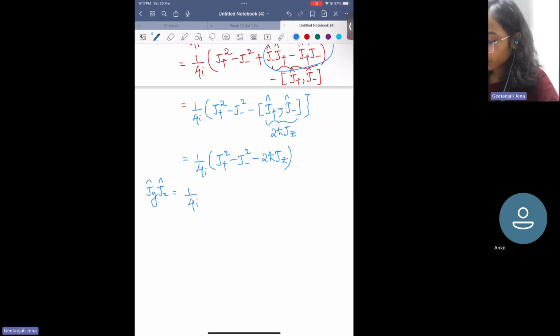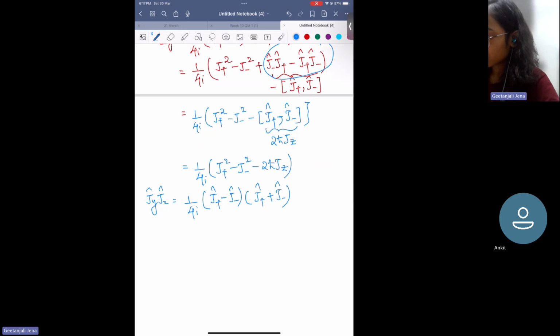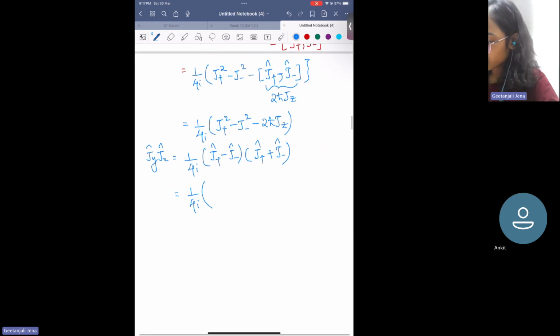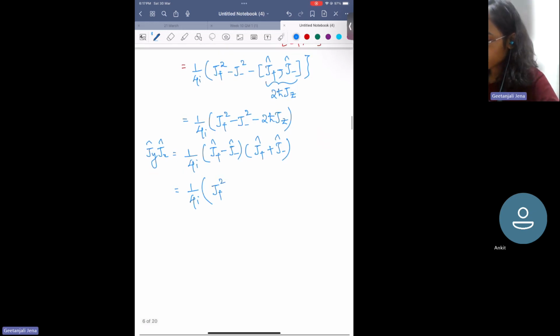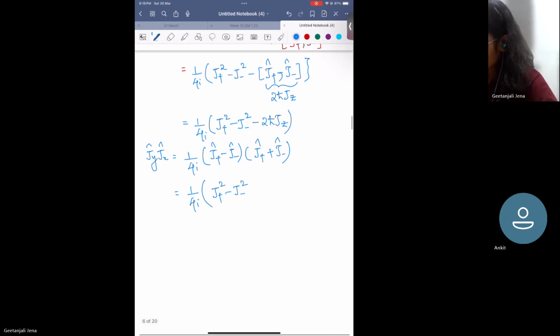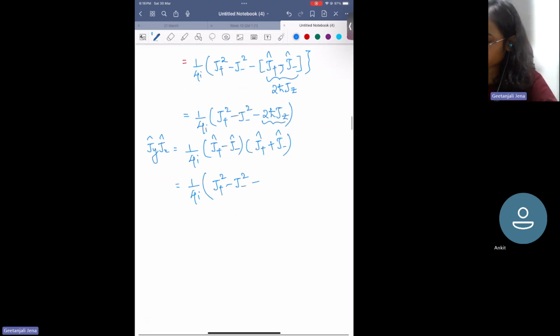So you will get 1 by 4i (J plus − J minus)(J plus + J minus). If you work it out, similar to the first term, you will get J plus squared minus J minus squared, and instead of minus 2ħJz, here you will get plus 2ħJz.